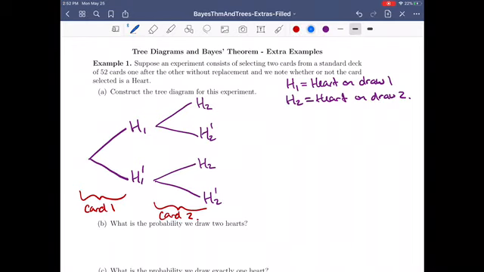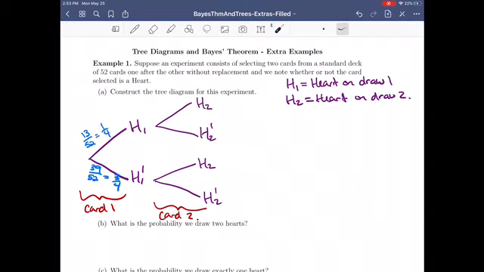Now I want to put the probabilities on, so here's where the without replacement comes in. The probability I get a heart on the first draw, there's 13 hearts and 52 in total, is 1/4. If I don't get a heart, there's 39 non-hearts out of 52, which is 3/4. Once I've drawn a heart, the 13 is now down to 12 because I didn't put it back.